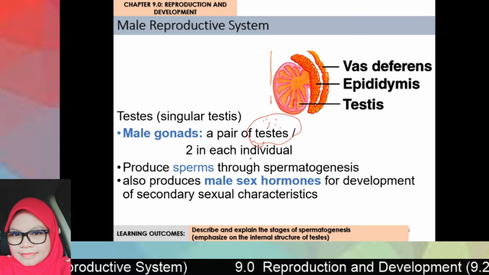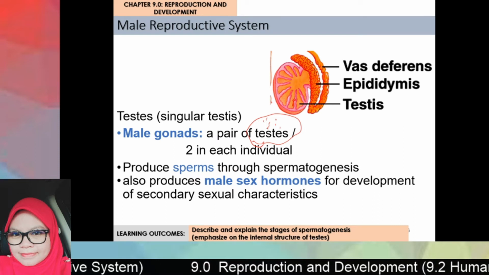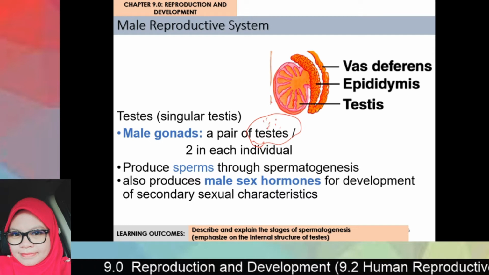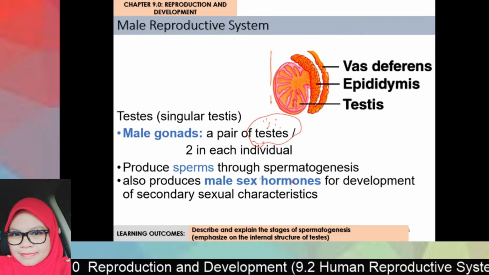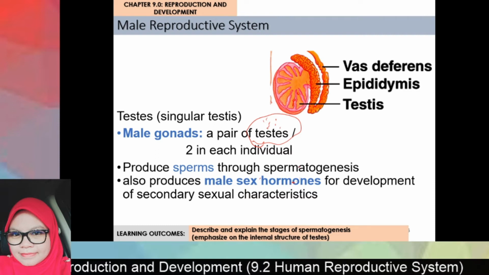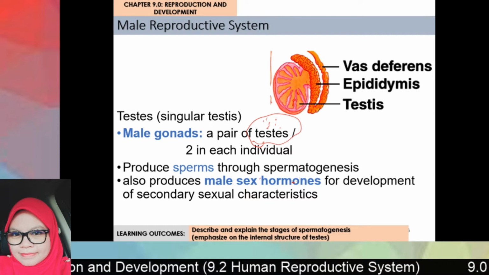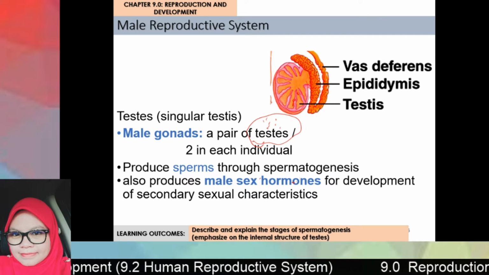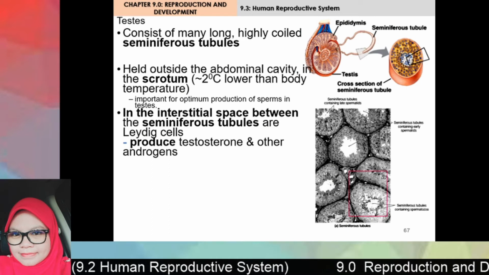Okay, and then the testis is the place where the male sex hormone is produced, which is the testosterone. Jadi testosteron dia juga terhasil daripada di testis. Dia tak terhasil dekat tempat lain. Dia terhasil di testis. Okay.